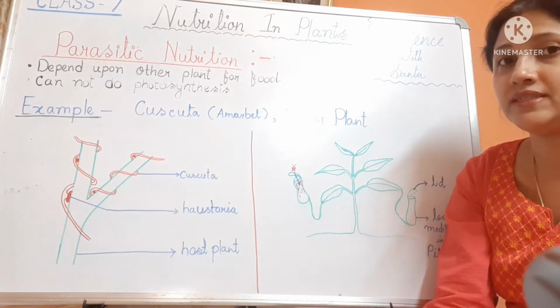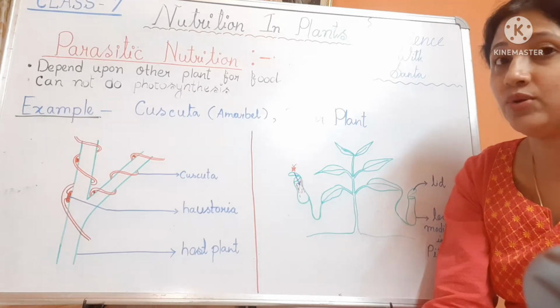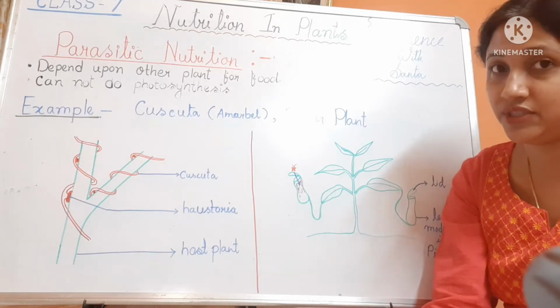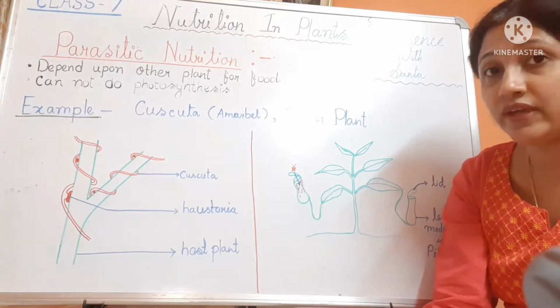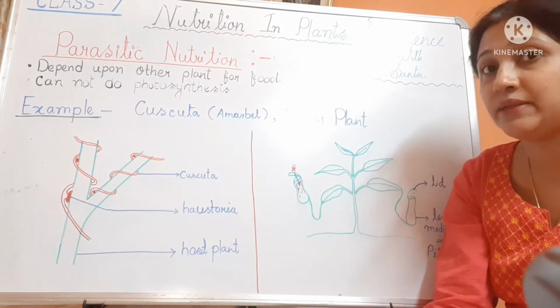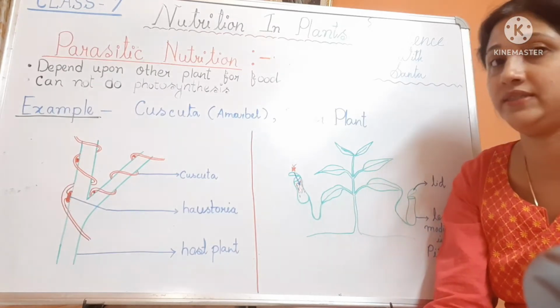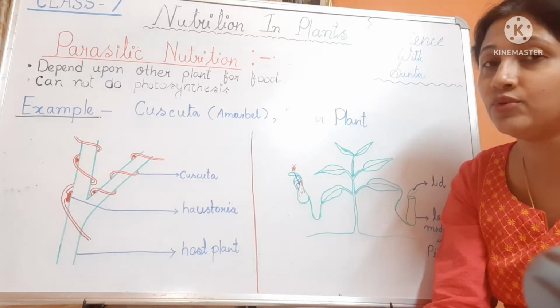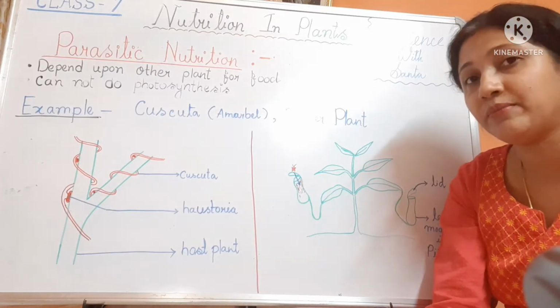Some of these plants do parasitic nutrition, in which they depend upon another plant and take their food from the other plant.